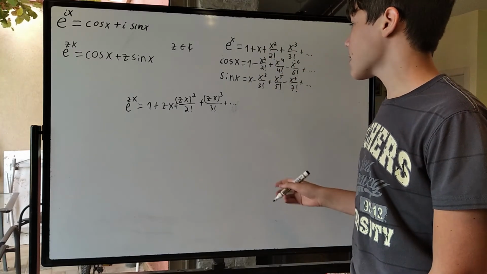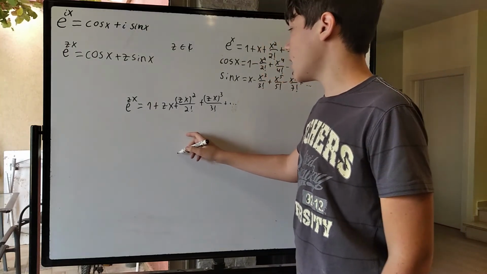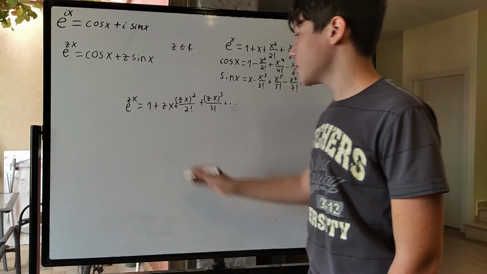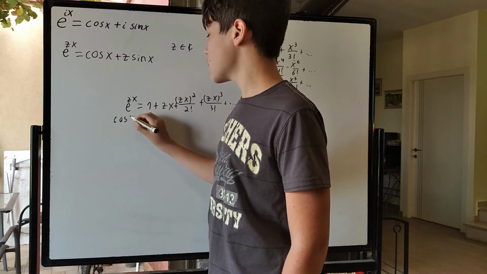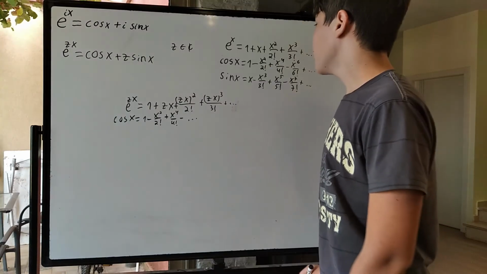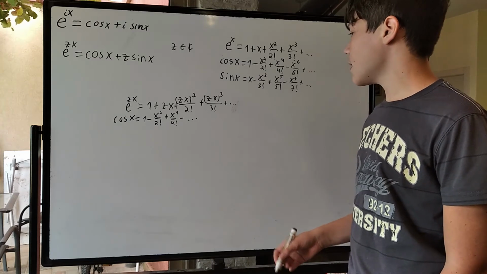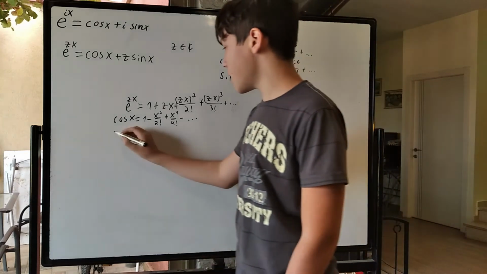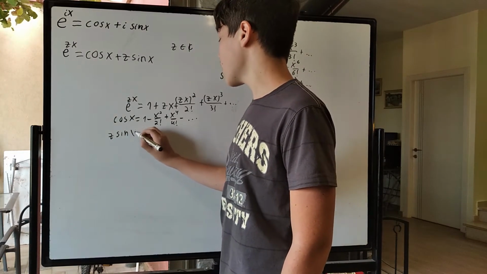Okay, now cosine x. We already have this written out. I'll write it again here just so we have a nice order here. Okay, and now z sine x will simply be this times z. Nothing revolutionary going on here.